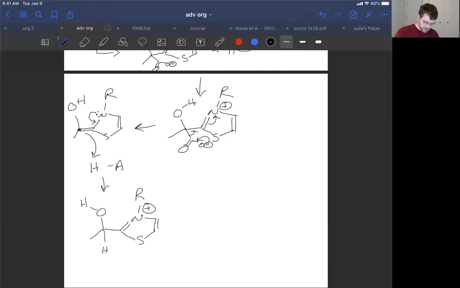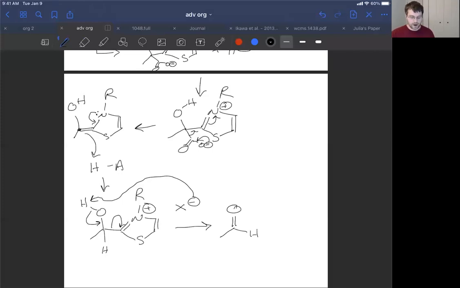Now let some sort of base come in, pick off the hydrogen on the OH, push down to make a carbon-oxygen double bond, and then swing these electrons over to the atom, and that's going to regenerate our TPP while simultaneously making our acetaldehyde, which was the goal the whole time.